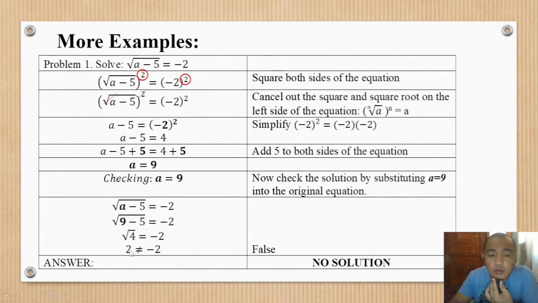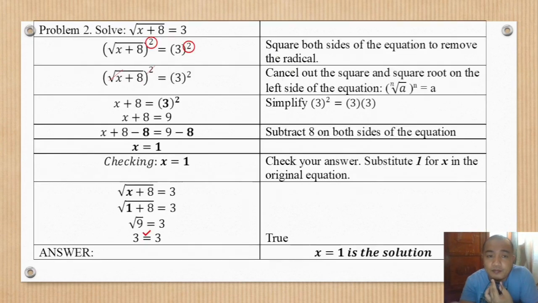Positive 2 equals negative 2. Yes. So since 2 is not equal to negative 2, then false. So the answer, there is no solution. Okay? There is no solution for this given example.